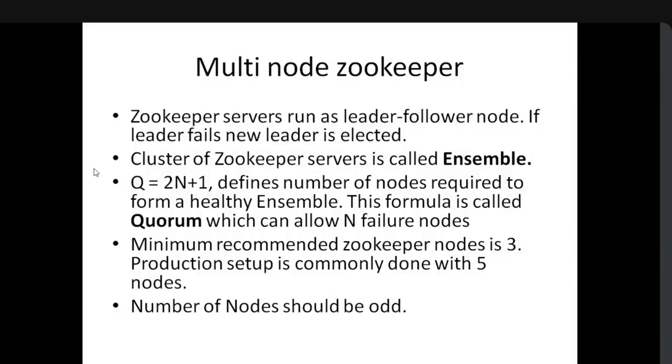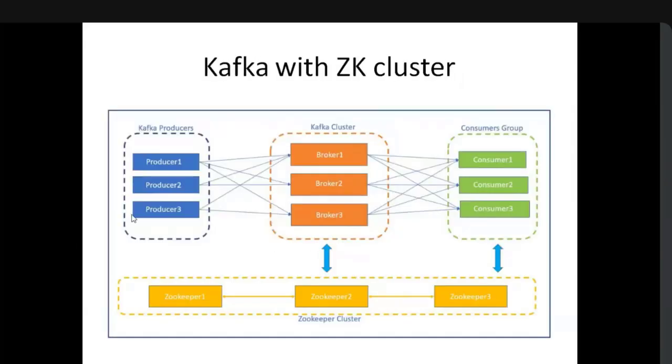So this is the formula, and this is called the quorum. Quorum is nothing but the minimum number of nodes which you require to create a healthy zookeeper cluster. If you say 2 zookeepers are there in your Kafka cluster, that is a cluster, but it is not providing the quorum.